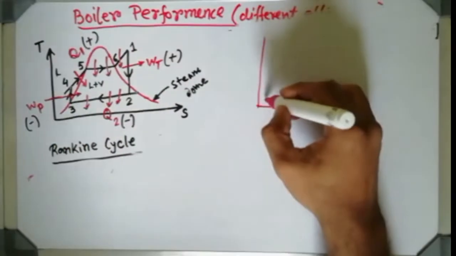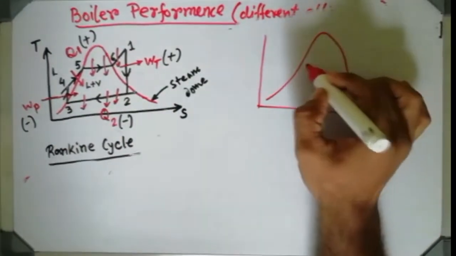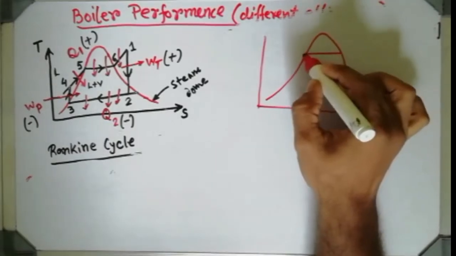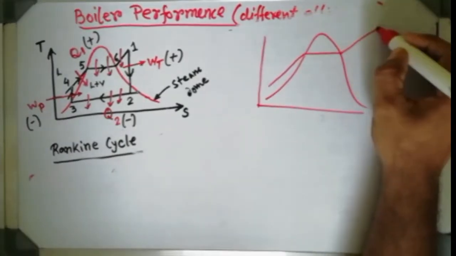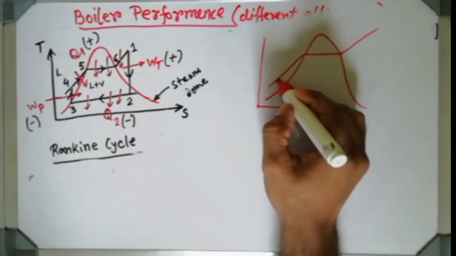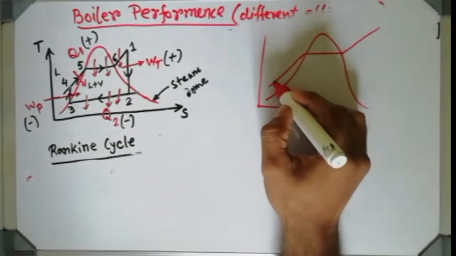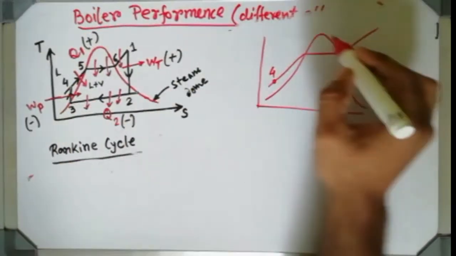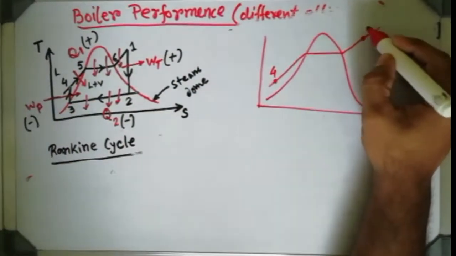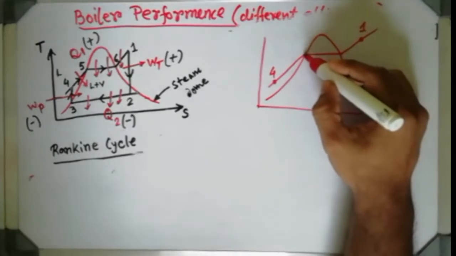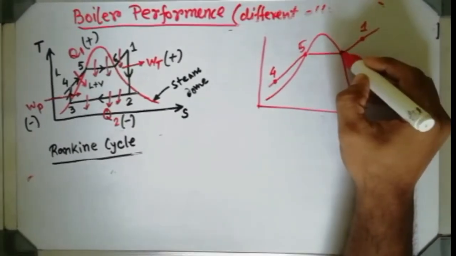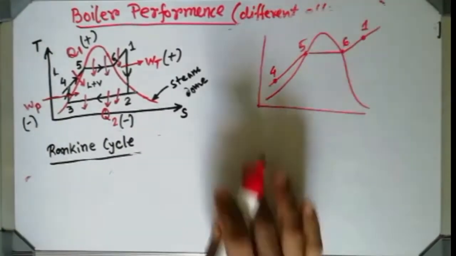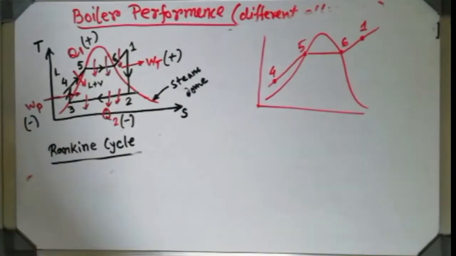Suppose I am making the same drawing and putting only this particular phase change process. That means, suppose this is point 4, I am just drawing this phase change process. This is point 1, and this is point 5, and this is point 6, leaving the other processes.